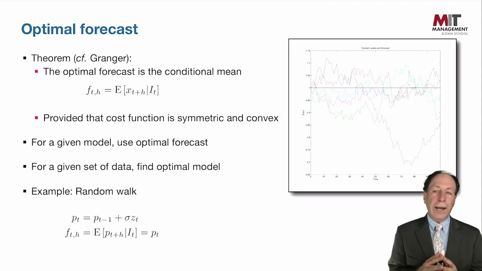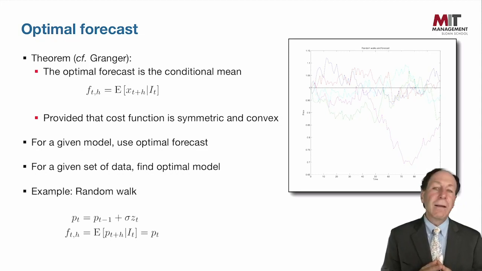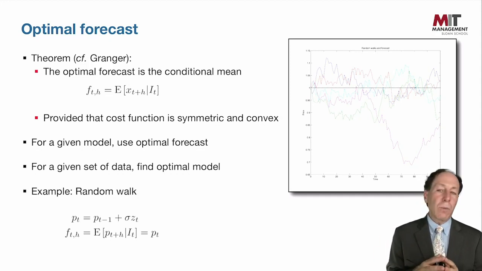The optimal forecast we can think of from a result of Granger as simply being that the forecast at horizon h is the conditional mean of the forecast. That's our best forecast, provided that the cost function is symmetric and convex. So this says that the forecast for a future variable is we take its expectation based on what we know now.